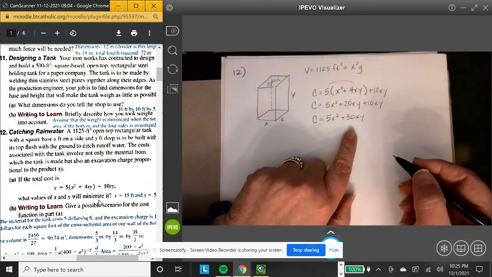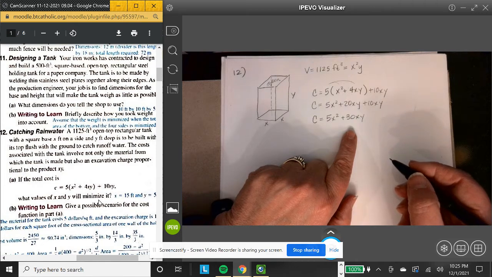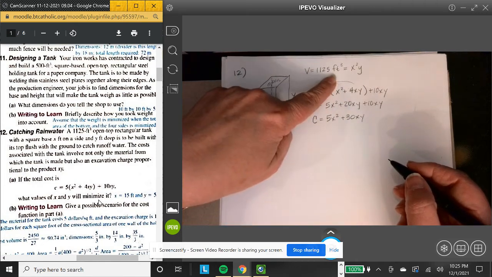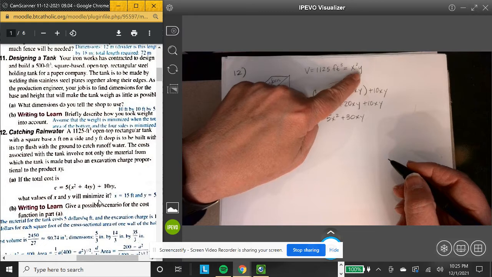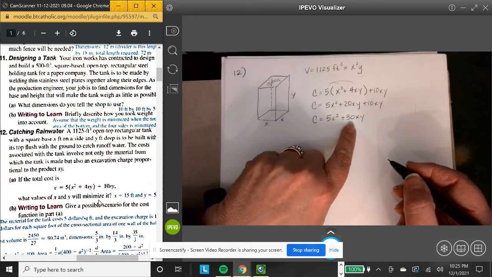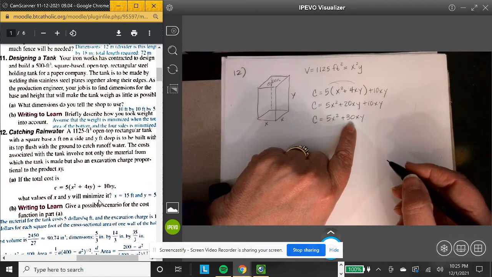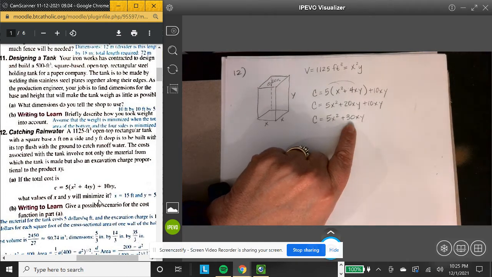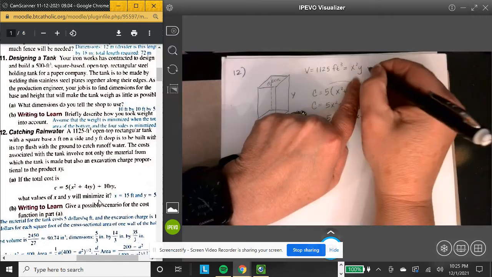Now I have too many variables on the right-hand side here, but conveniently, I have a volume equation that will allow us to solve for either x or y to substitute into this cost equation. And again, there's an easy way to go or a more difficult way to go. So I suggest we solve this equation for y.